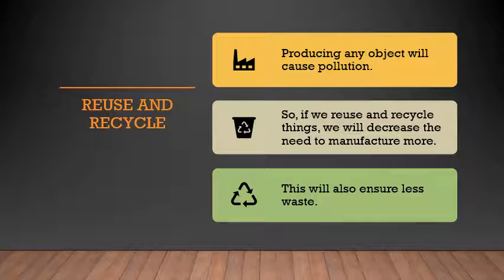So if you order something and you get a box, if you reuse and recycle it, it will be better. If it is already manufactured, it is better to reuse it, which will decrease the need for manufacturing more. This will also ensure less waste.